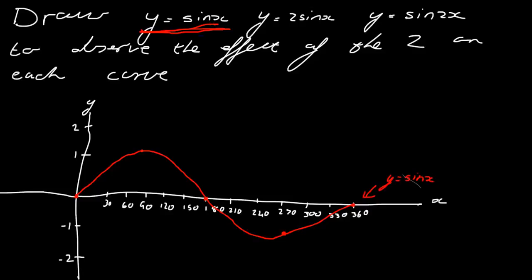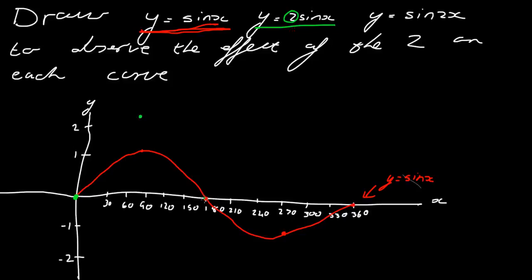Next we're going to draw y equals 2 sine x, and we'll do that one in green. Once again it's a sinusoid, so we start at 0, 0. Then it's the same as the red graph, except all of the values are multiplied by 2. So at 90 degrees we're going to be at 2 instead of 1.